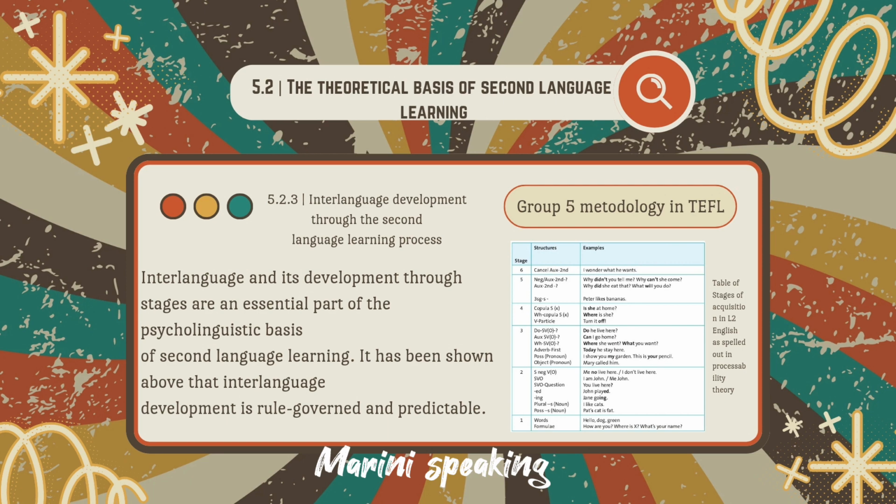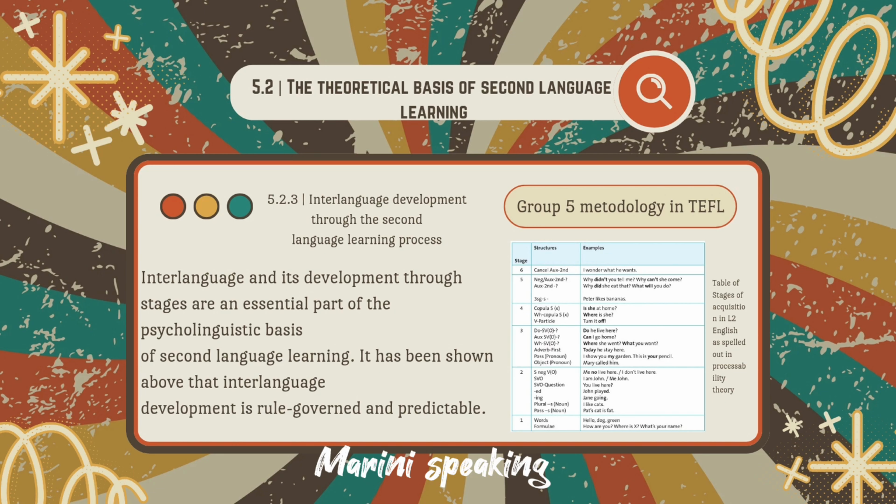This table provides a short overview of the developmental stages found for English as a foreign or second language. Stage 1 consists of single words or formulaic speech, which at this stage are not yet analyzed by the learner.